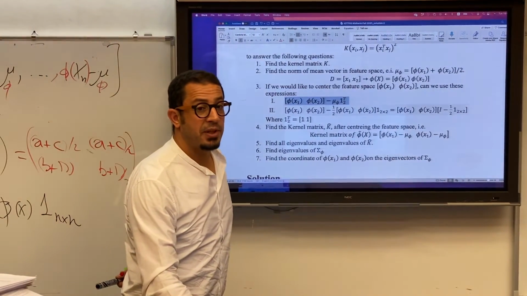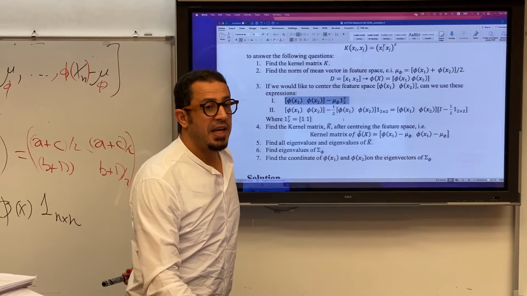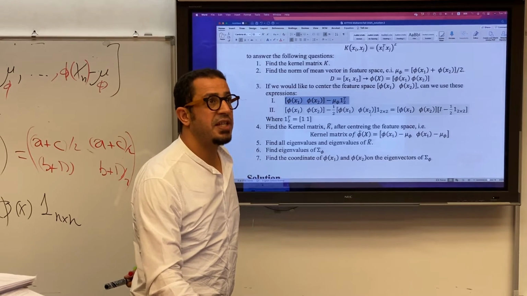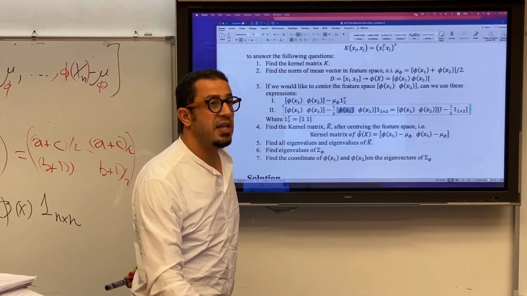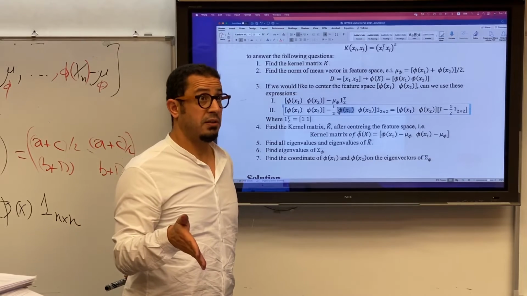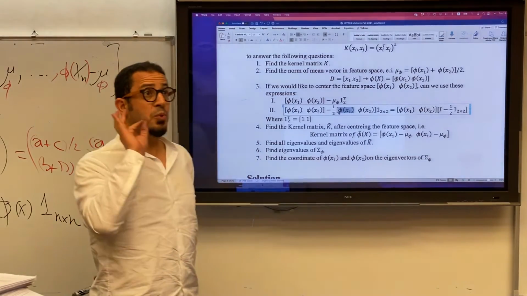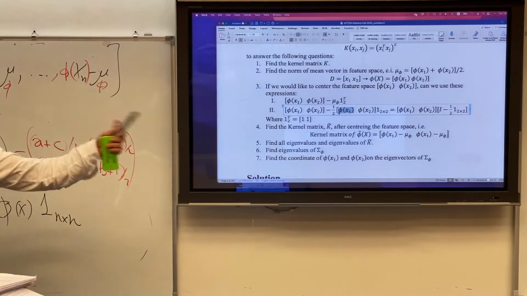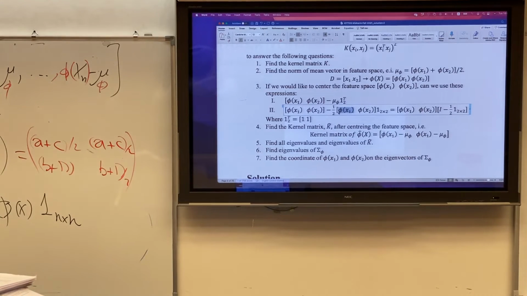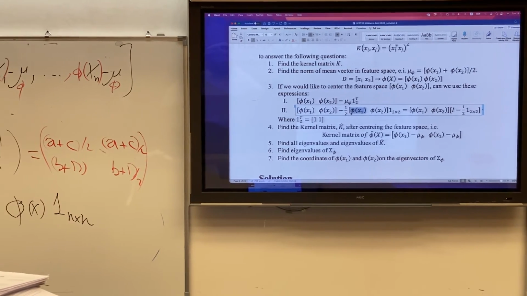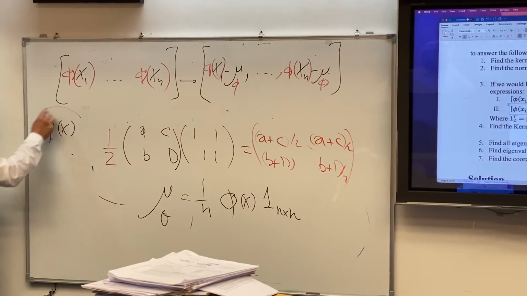Which line are you talking about? Sorry. Here, x1, x2, x3. So this is a column only. If I put it without an index, it means the entire matrix. So please, this is a good question. If I put like this, what does it mean here, please? This is the matrix.